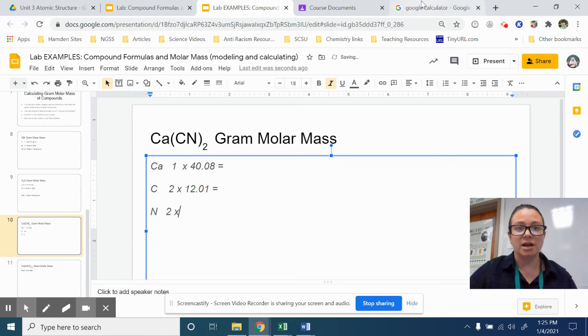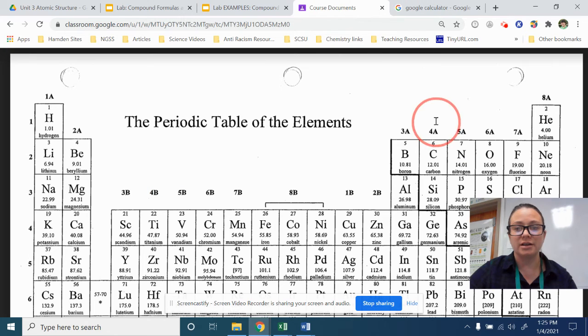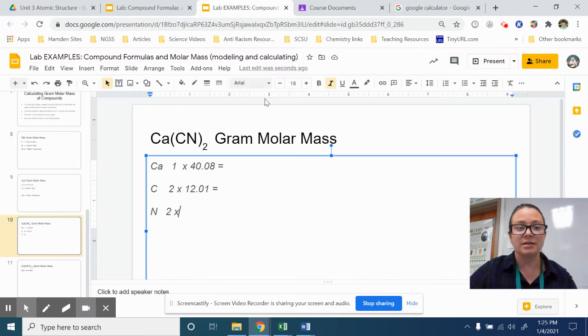And finally, 2 times for nitrogen. Nitrogen is 14.01. All right, I'm going to multiply these out. 1 times 40.08 stays the same. 2 times 12.01 is 24.02. I'm just doing it in my head. And 2 times 14.01, I get 28.02.